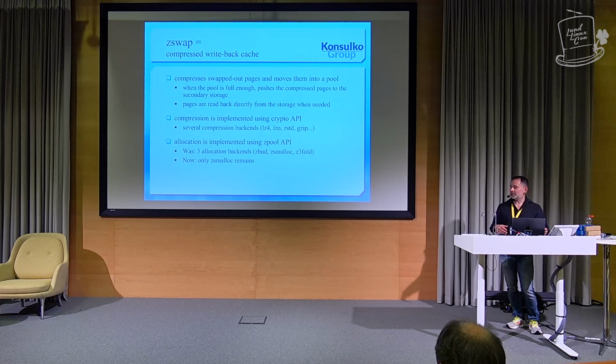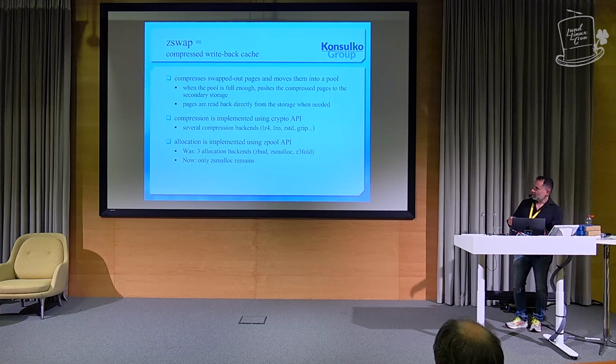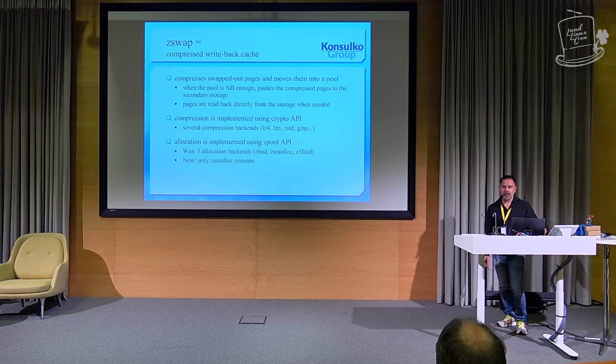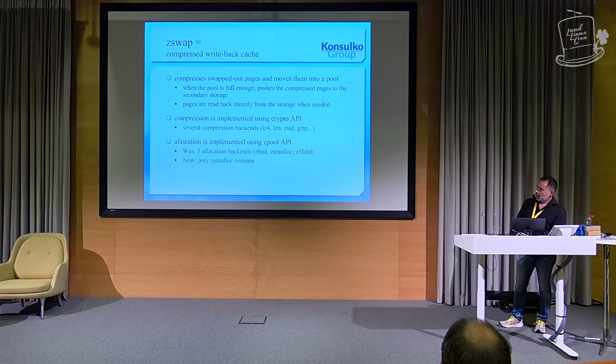So what we have is the infrastructure to intercept pages that are on the way out, compress them, and store them somehow in memory. Then we need an effective means of storage, an effective allocator, and in that sense the ordinary kernel allocators are not exactly a good match.